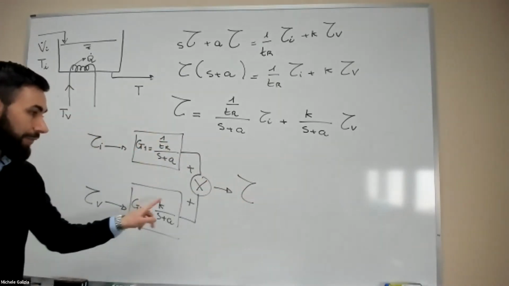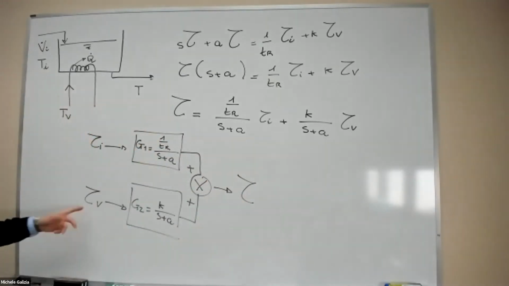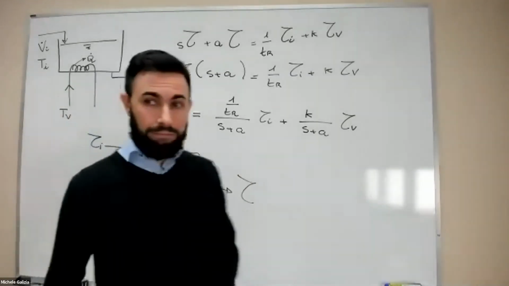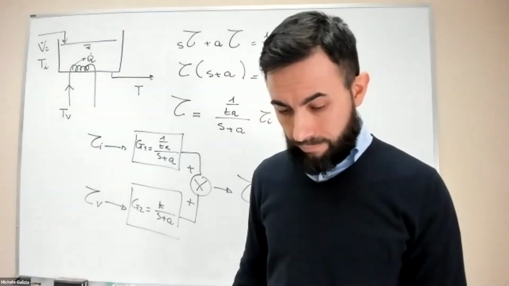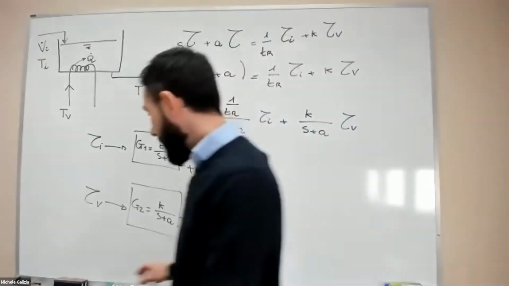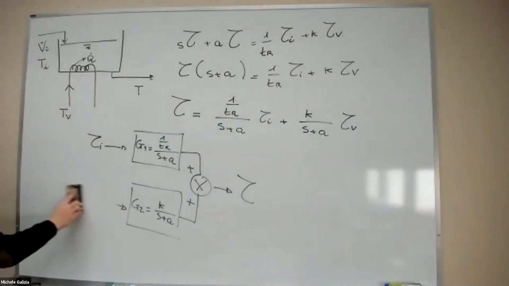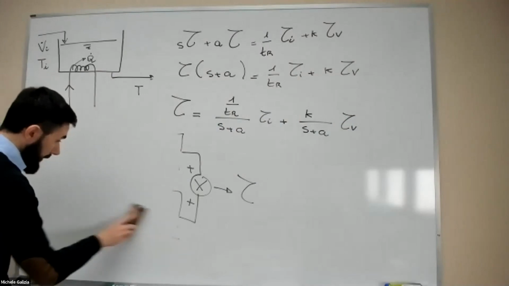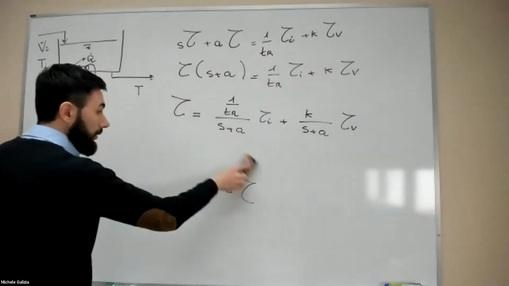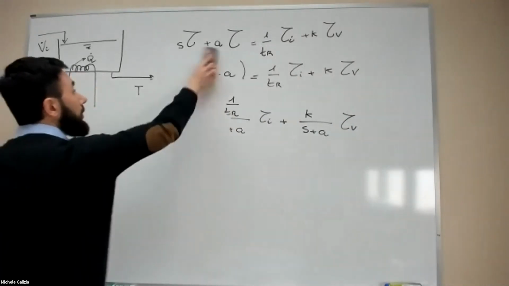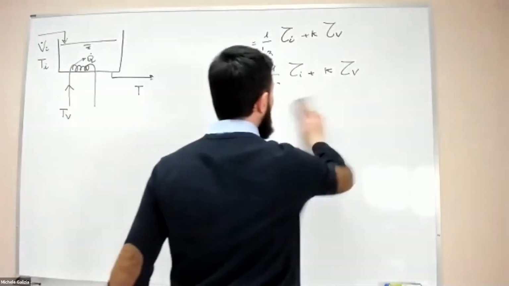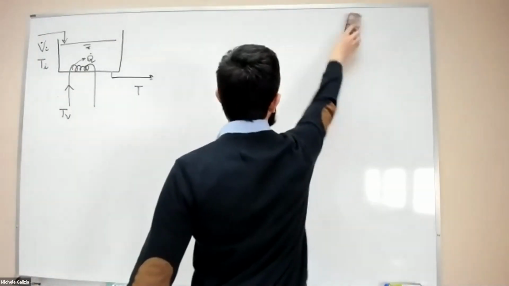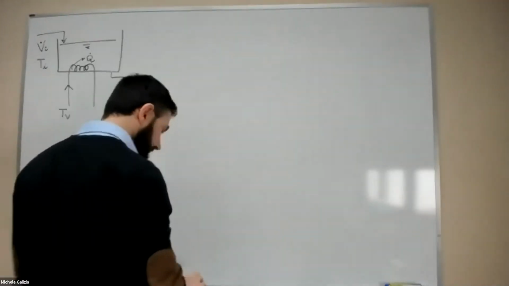The second transfer function relates the output to the second input. Do you agree? Do you remember this? Yes. Okay, simple. Please study day by day, because now we have to put everything together. So don't accumulate, because if you accumulate, it's difficult to follow.